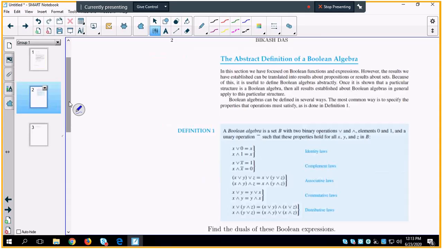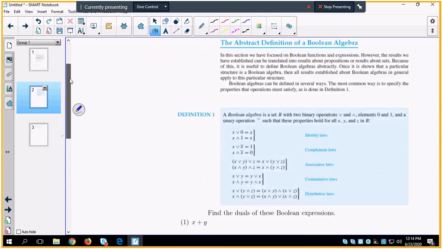Boolean algebras can be defined in several ways. The most common way is to specify the properties that operations must satisfy, as done in definition 1 on the following page. So what is a generalized Boolean algebra?